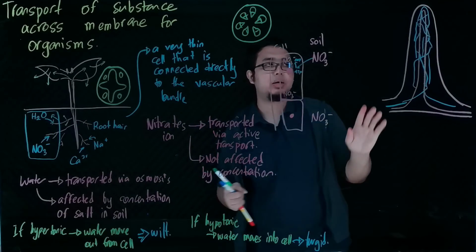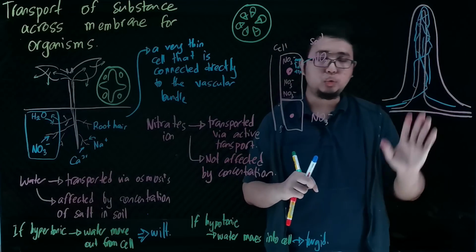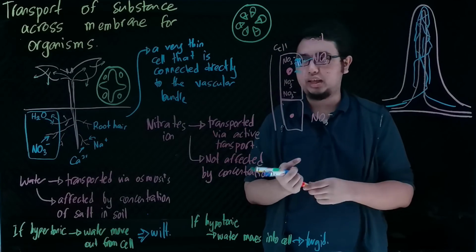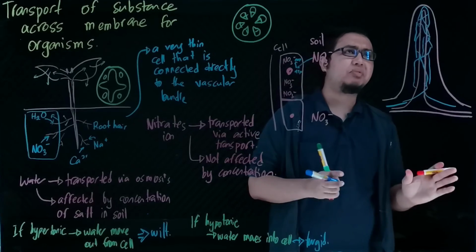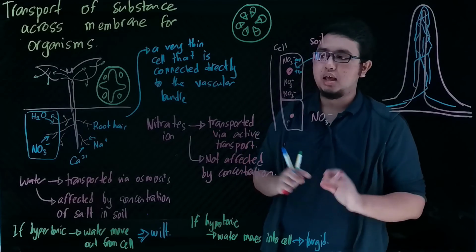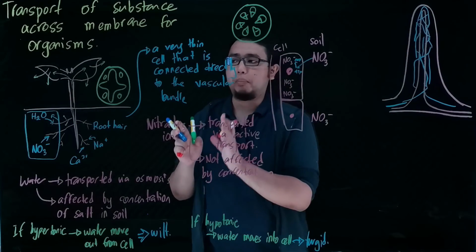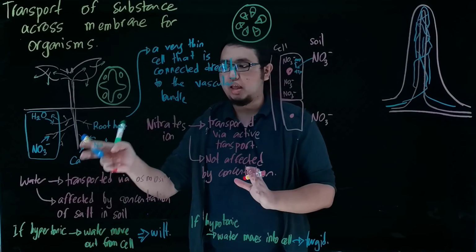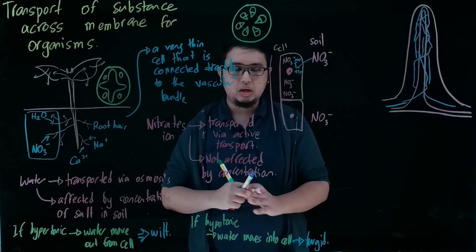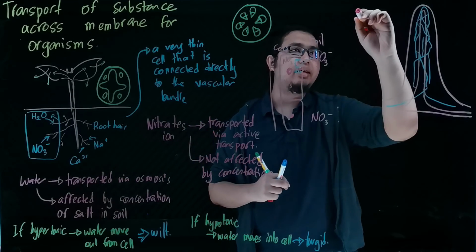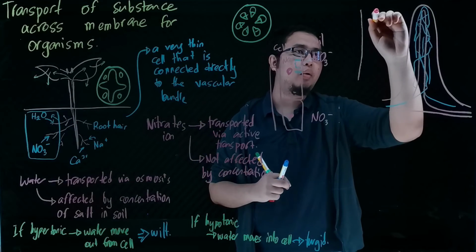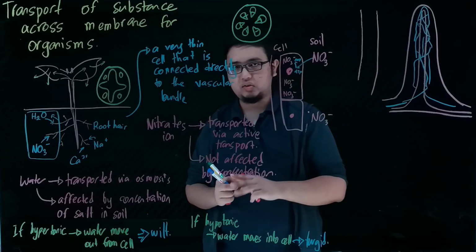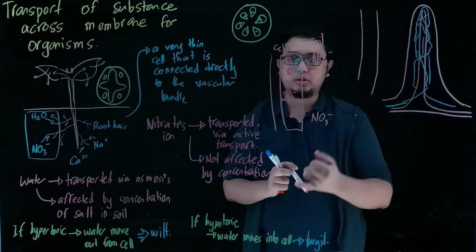Next, we look at our own tissue, which is the villus within our intestine. The transport of substances within the villus is similar to our plant, but we do not uptake nitrates. Now, our intestine is quite long. We have three structures, the duodenum, ileum, and jejunum.